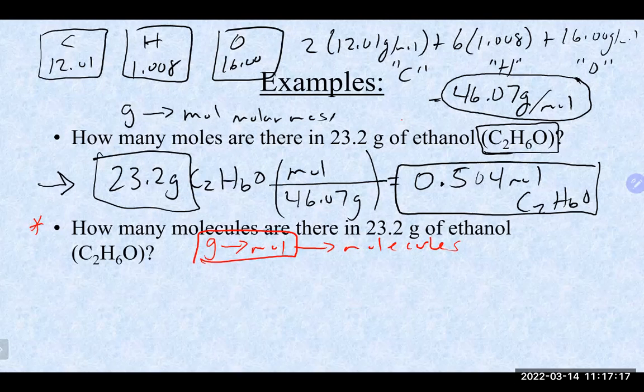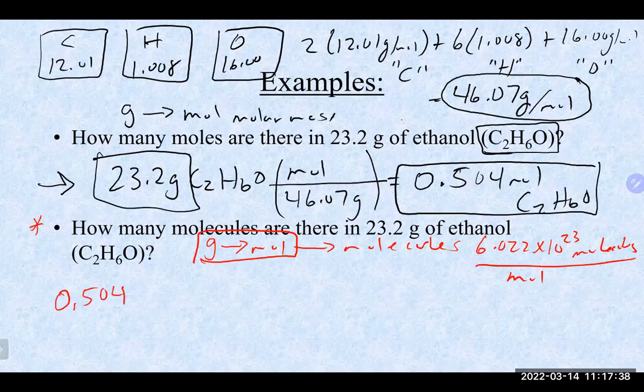Now, in this case, we are looking for molecules. So that's the keyword that we do want to use Avogadro's number here. And Avogadro's number, again, is 6.022 times 10 to the 23 molecules per mole. And we'll just pick up with our number we got above, which is 0.504 moles.